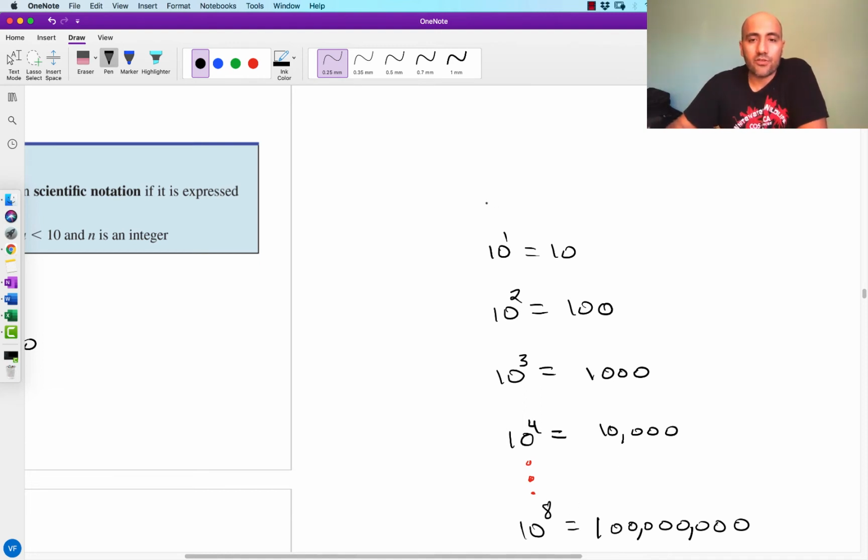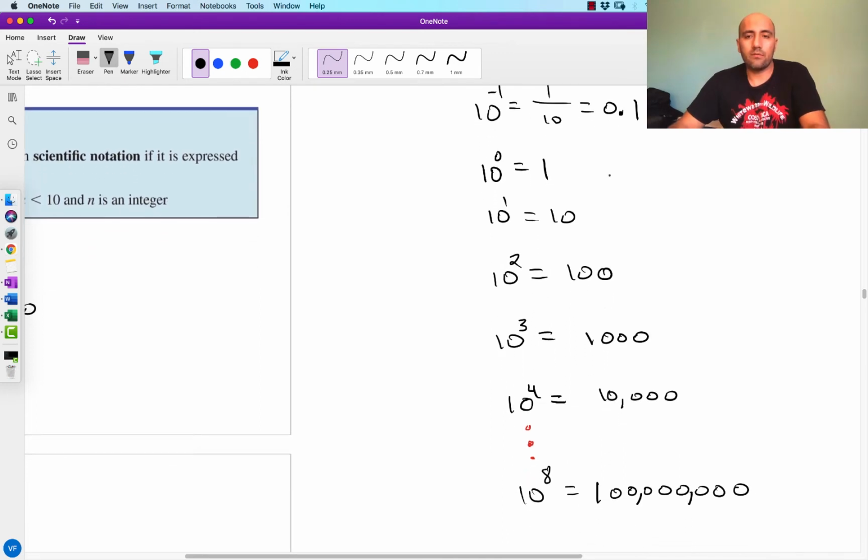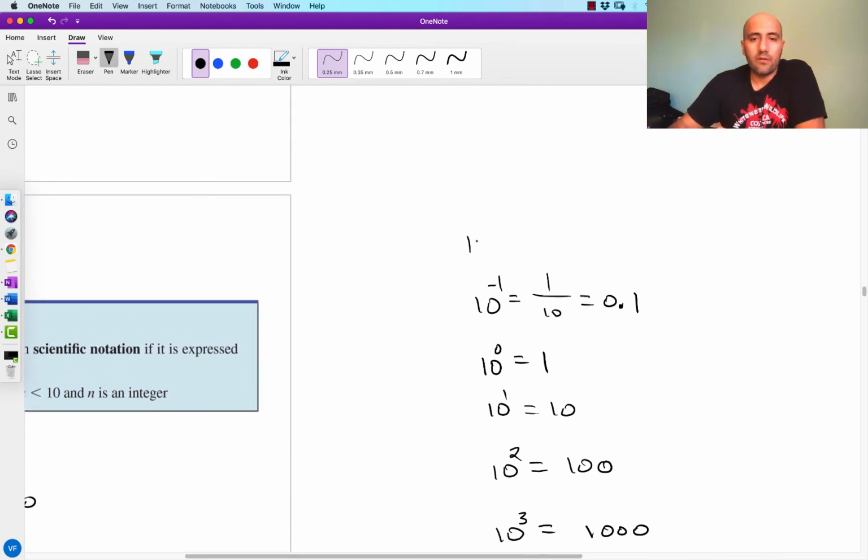Okay, what about in the other direction? Well, obviously, 10 to the 0 power is just going to be 1. And we know that 10 to the negative 1 power, that's going to be 1 over 10, which is equal to 0.1. And if we keep going, 10 to the negative 2 power, well, that's going to be equal to 1 over 10 squared, which is equal to 1 over 100, which is equal to 0.01.